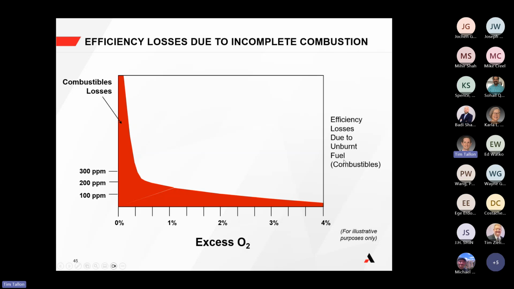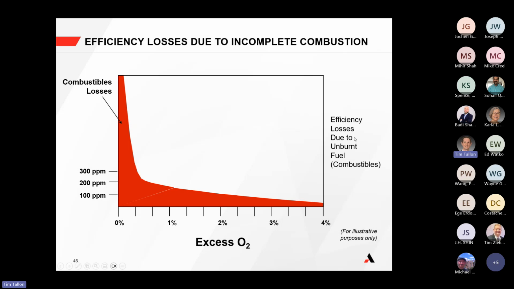Now, if you compare that to a combustible measurement, as we mentioned, that incomplete combustion of carbon monoxide and hydrogen, before you fully oxidize the fuel, the measurement is actually comparatively different.